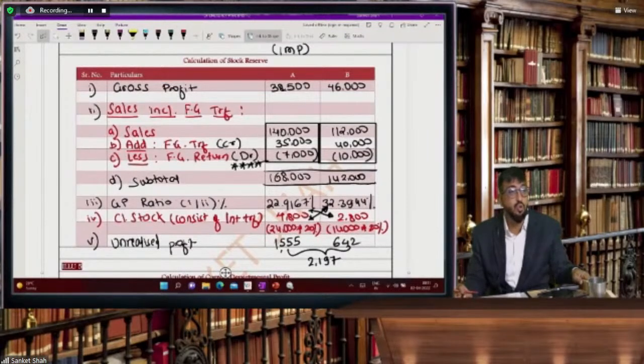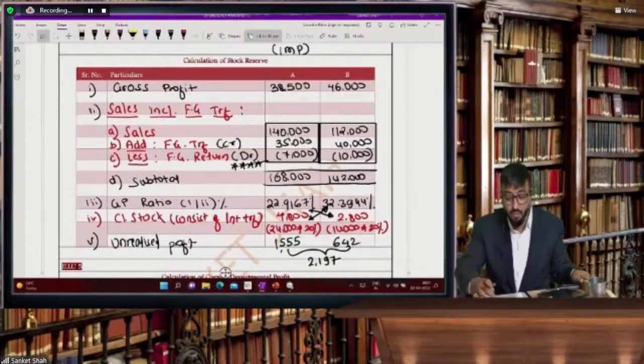GP ratio you got, how many digits? 4 digits you will consider. Then you will multiply it by closing stock. Whole closing stock or only which is transferred? Only which is transferred, my friend. And then it is in cross you will consider to get unrealized profit.